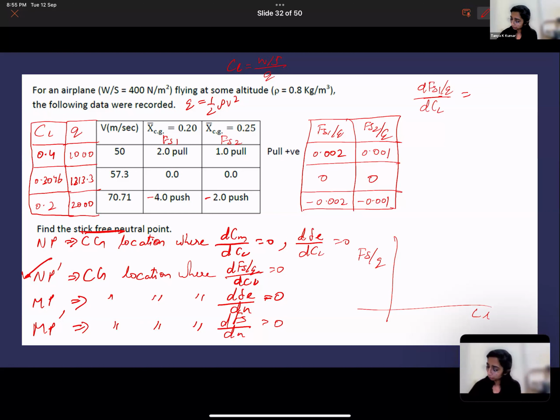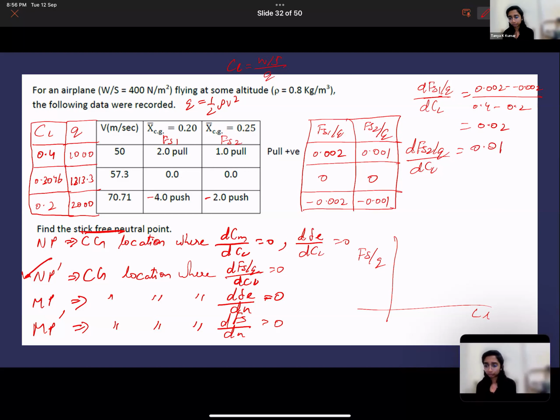So the slope is 0.002 minus of minus 0.002 by dCl is 0.4 minus 0.2. This gives you 0.02. Similarly, dFs2 by Q by dCl. How much is it? 0.01, right? 0.01.